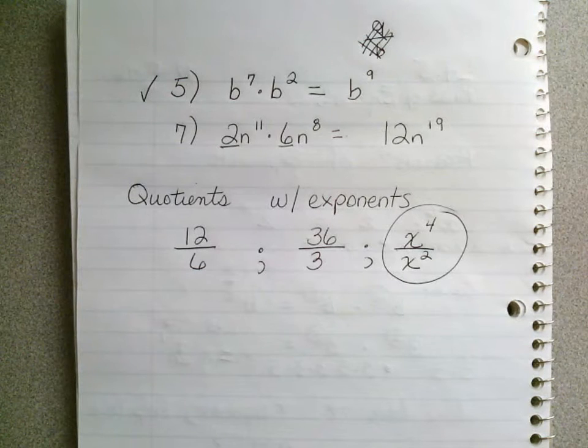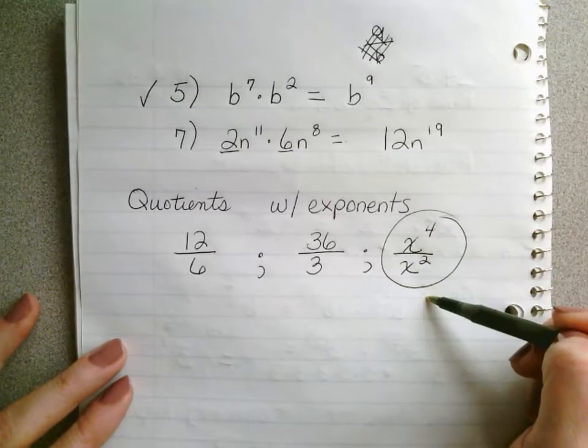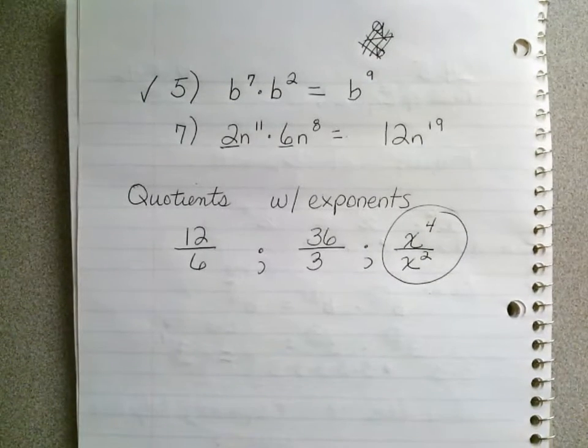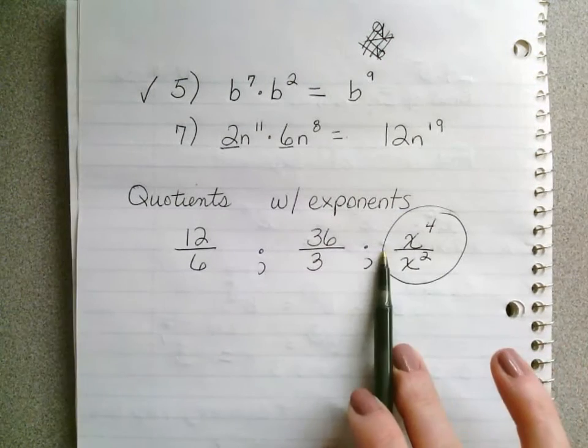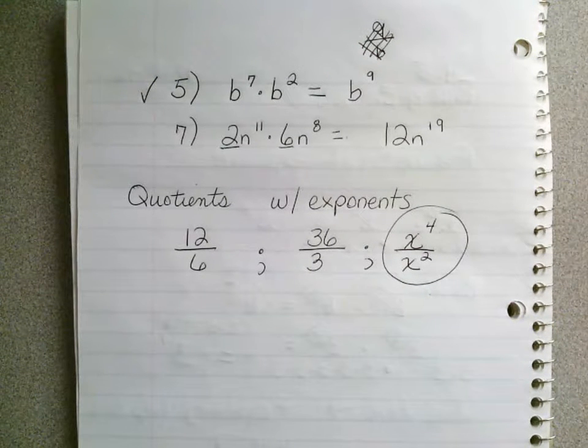When you are dividing with the same base, you simply subtract your exponents. The top minus the bottom.